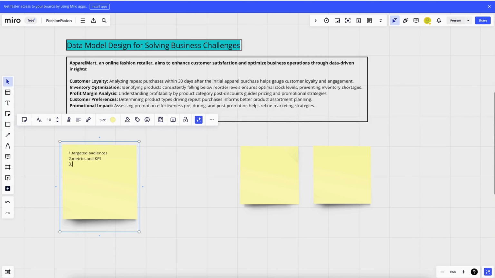Another important question will be on data volume and scaling. If they say it's a huge volume of data, then we have to understand what kind of partitions and what kind of indexes we have to build. Depending upon the answer they give on data volume and scale, we have to come up with those indexes and partition keys.